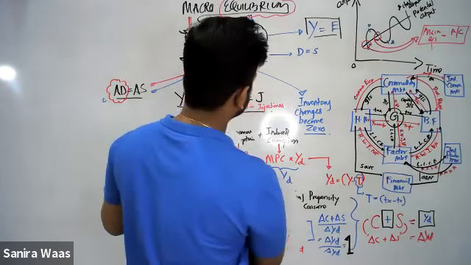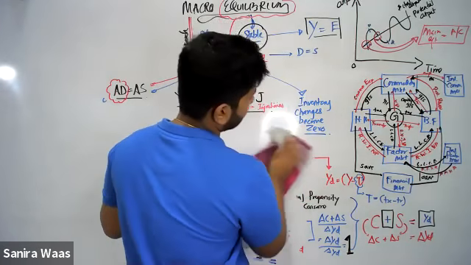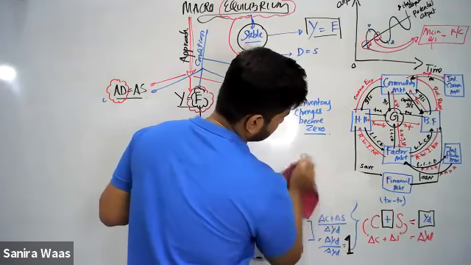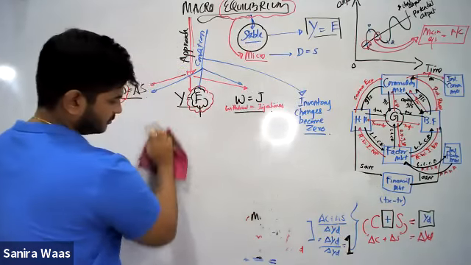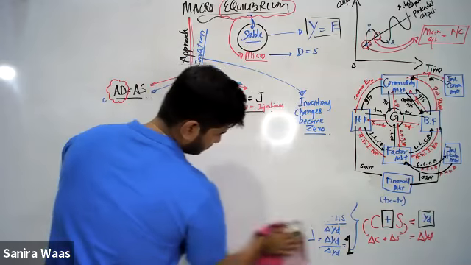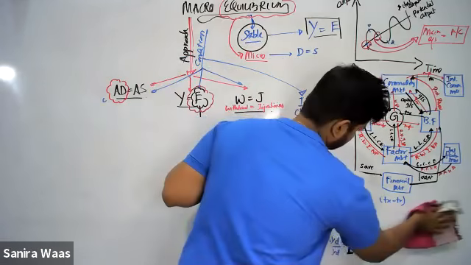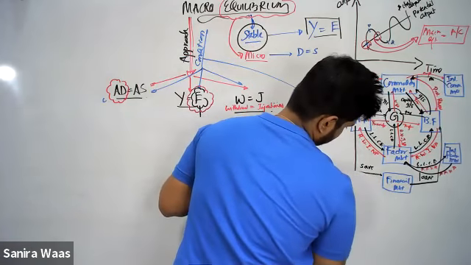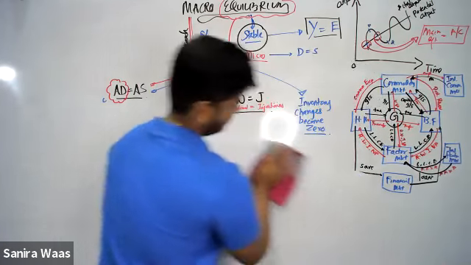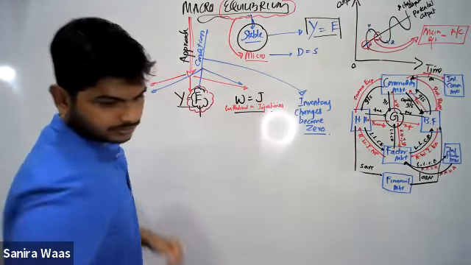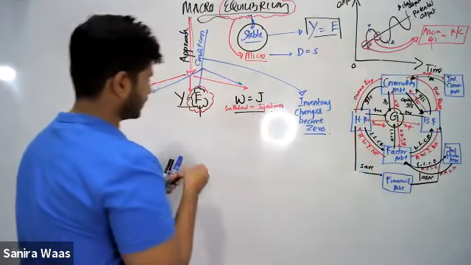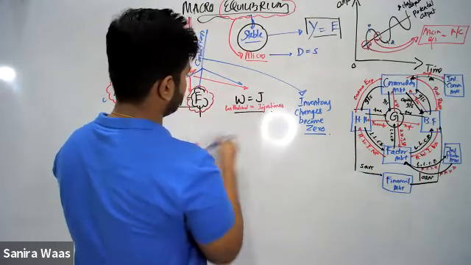Right, tell me, W equals J. What are the components of W and what are the components of J? Right, so we have W and J, which we call withdrawals.